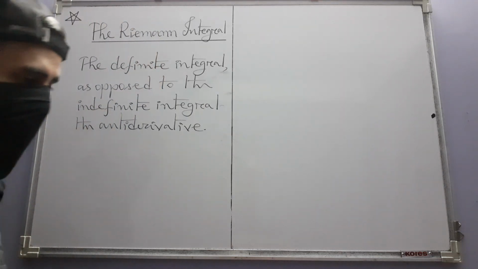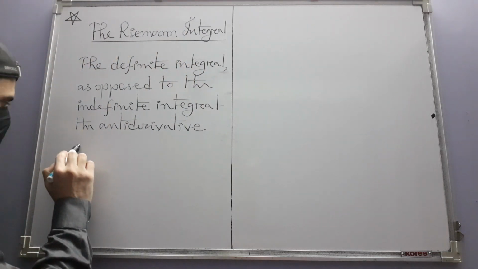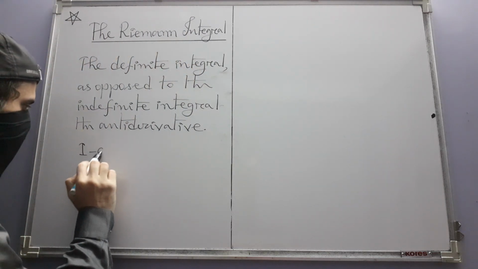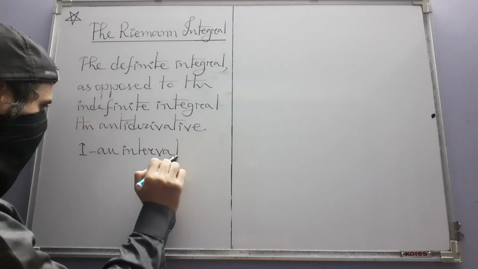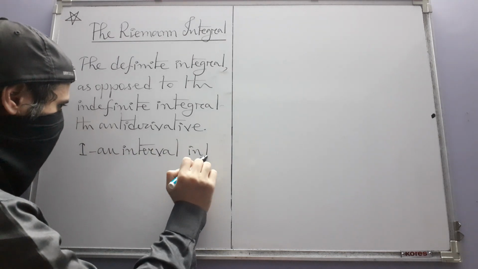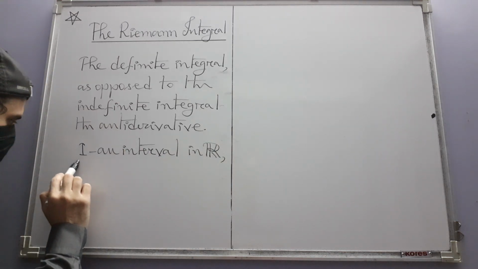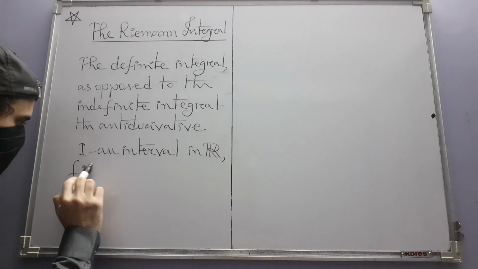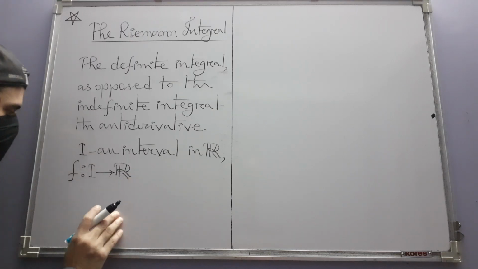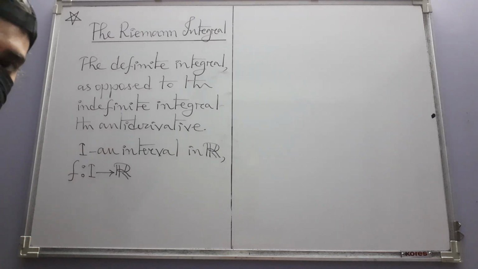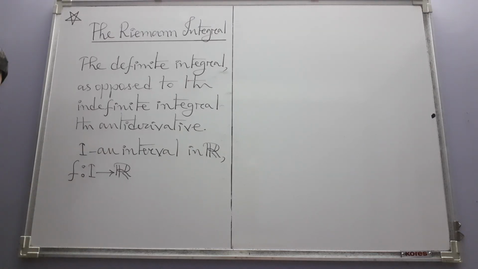Alright, so now what are we going to see here? Say I is an interval in the set of real numbers, and suppose we have a function f which of course is real valued. This is the kind of function we are discussing, and it has I as its domain.